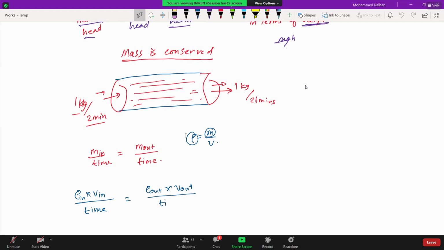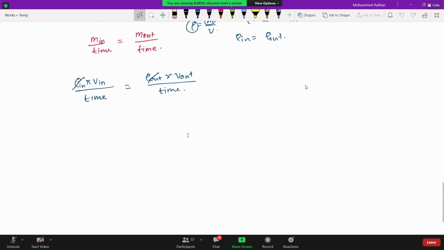So if I say the fluid is incompressible, that means the density of the fluid is constant. So density in will equal density out, right? So I can just eliminate this term because the fluid is incompressible and these two densities are the same.